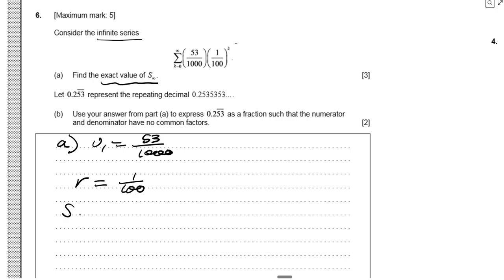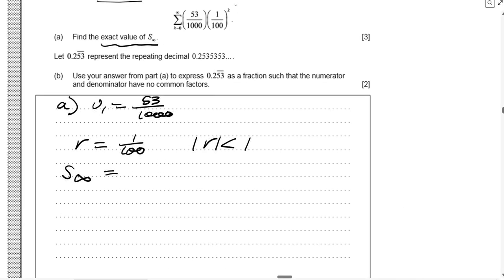So now all we have to do to find the sum to infinity, which is less than 1, right? Less than mod 1. Our condition is that R has to be less than 1.